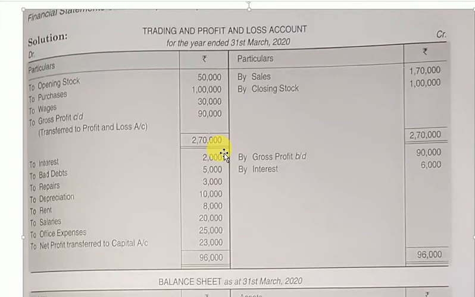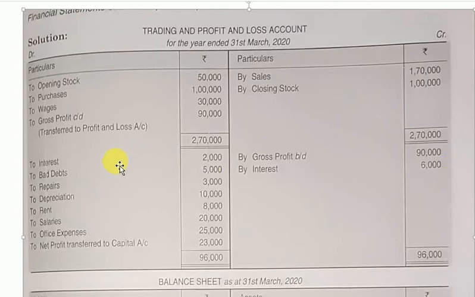After recording all this, the gross profit will automatically transfer to the profit and loss account with the item by gross profit brought down, that is 90,000. And as we know, there is one interest item given in credit balances. So this is the interest received, and that will be recorded here.